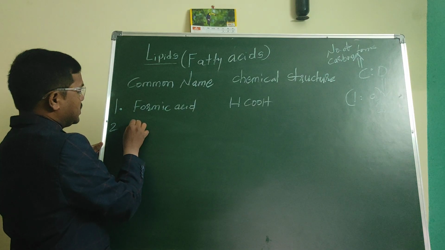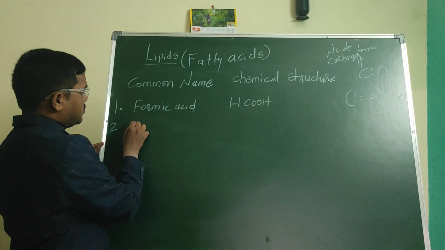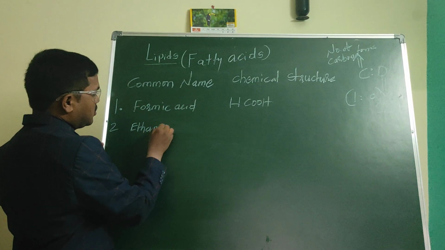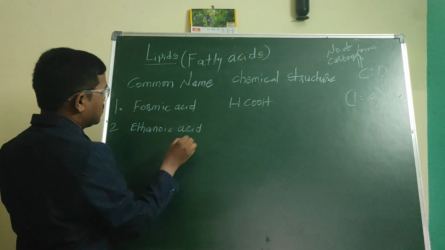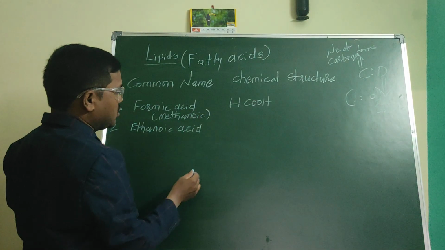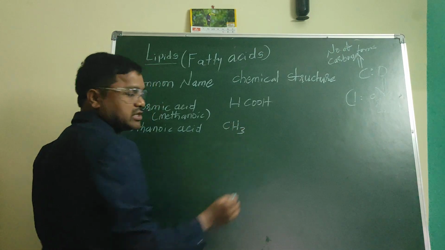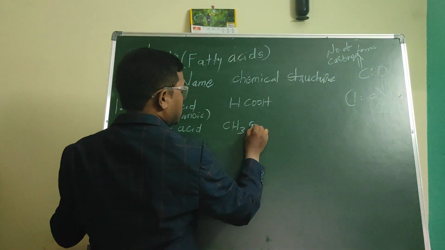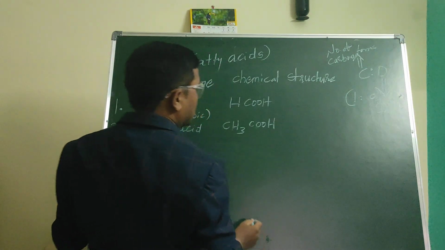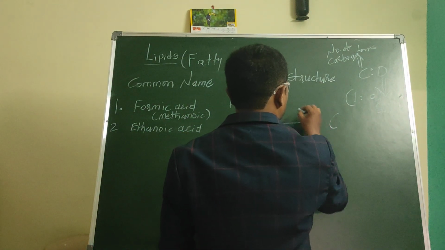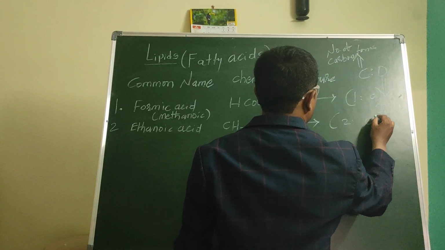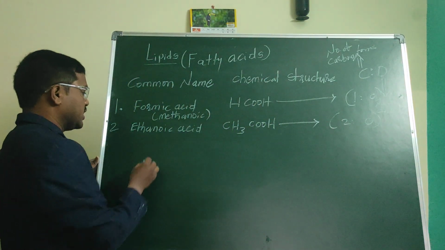Acetic acid, or ethanoic acid, has the structure CH3COOH. The number of carbon atoms in acetic acid is 2 and the number of double bonds is 0.